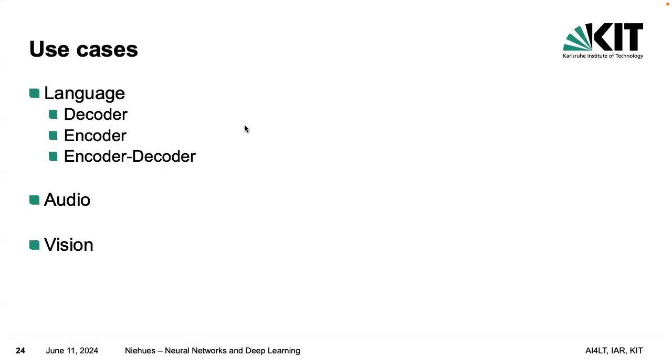In the case of language, one big difference we will see is that we naturally come to different types of architectures that you can train, and these architectures we partly have learned already. If you remember, we had the encoder-decoder setup, there's a decoder-only model and encoder-only models.